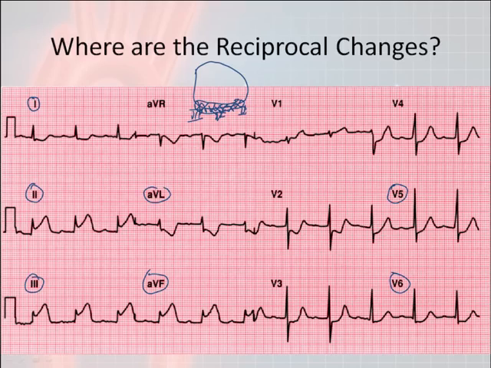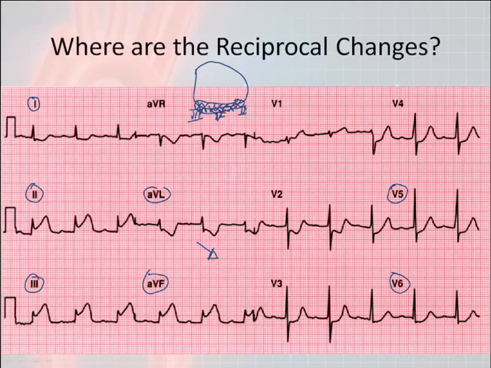Of the leads 1, AVL, V5, and V6, which one has the worst looking ST segment depression? The answer would be AVL. Why? Look at the J point, and it is negatively deflected. Remember what I said about how bad the ST depression is?